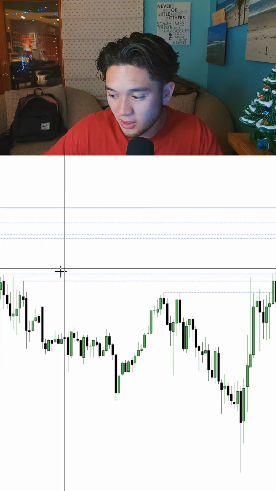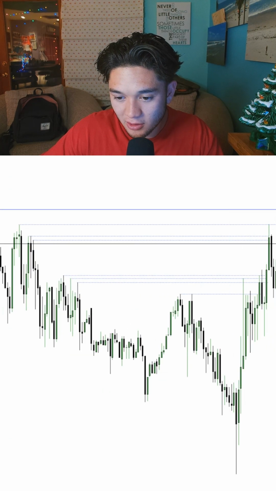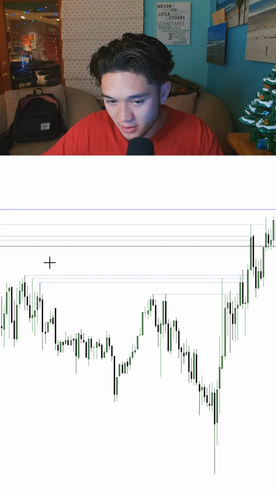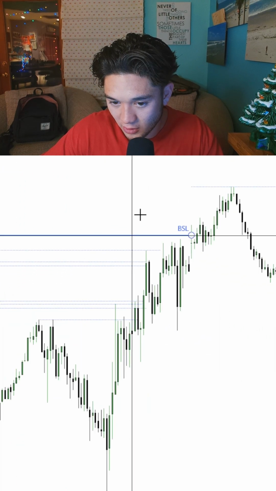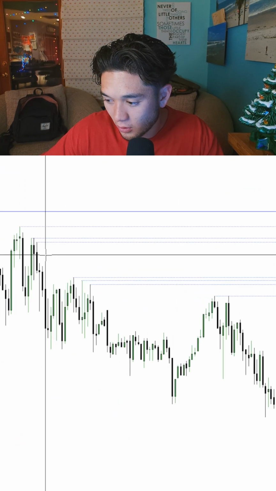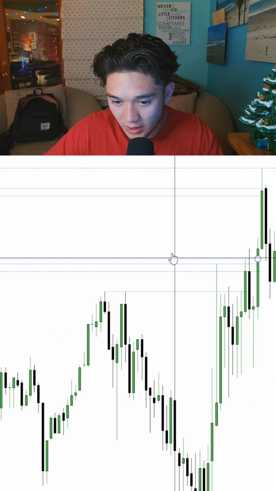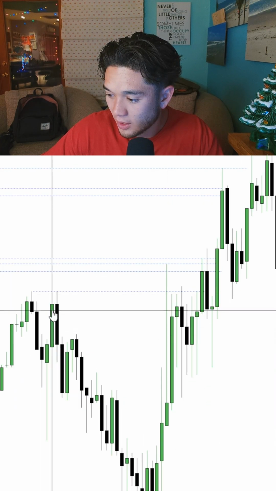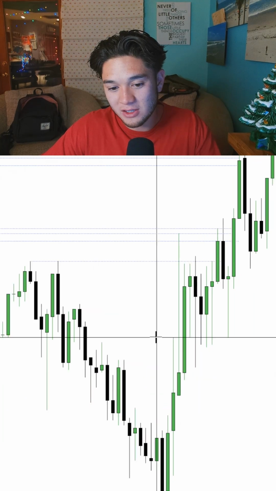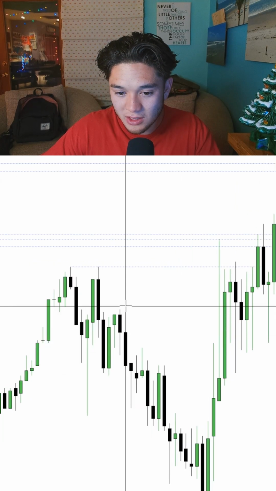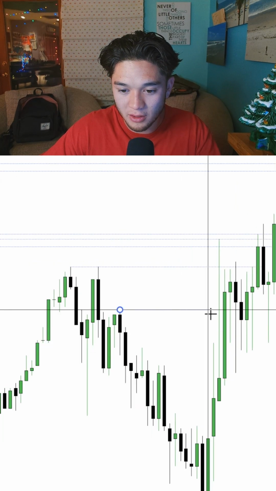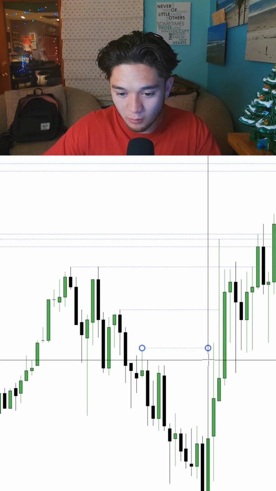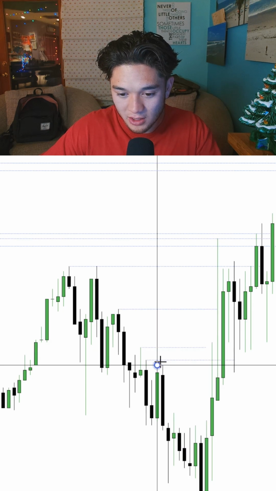Where I zoomed in, we were generating buy side liquidity to go higher. This is the top buy side liquidity, and we've been putting in all these lows on the way down. And look right here, we have equal highs. And if I zoom into here again, I don't have to even zoom in, but we're generating highs throughout here, equal highs.